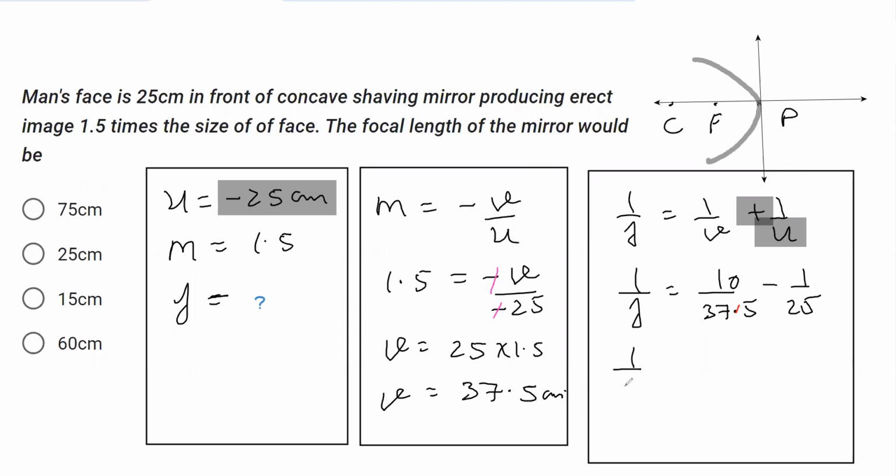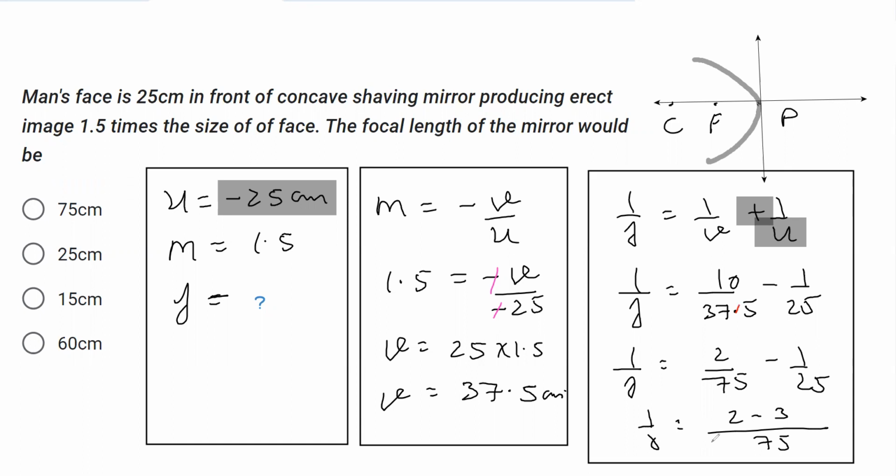Right? So if I reduce this further, reducing by 5, this is 2 times. And then we'll reduce 375 by 5. That should give you 75. Minus 1 upon 25. So 1 upon F comes out to be, with LCM as 75, this will be 2 times, and this is minus 3 times.